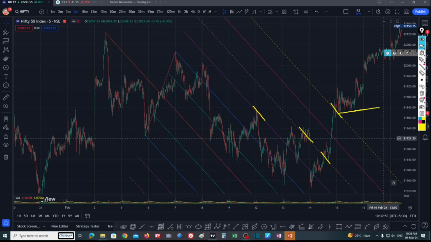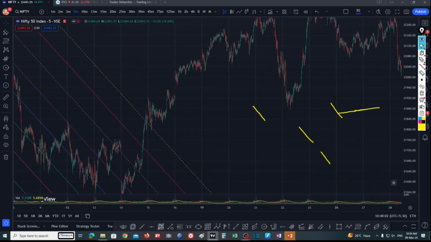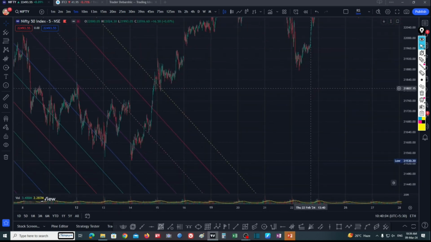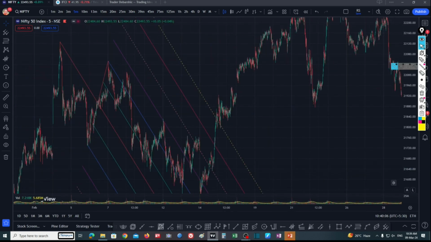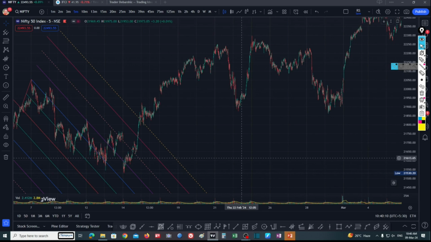we will draw another pitchfork. How will we draw? Now we can consider what are the points. We have to find out the pivots range. This one is P0.